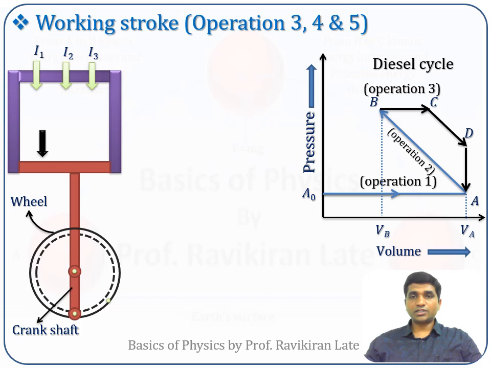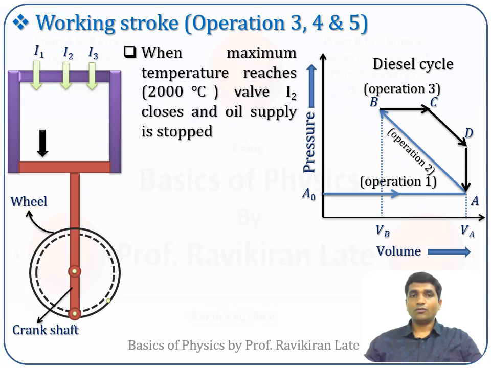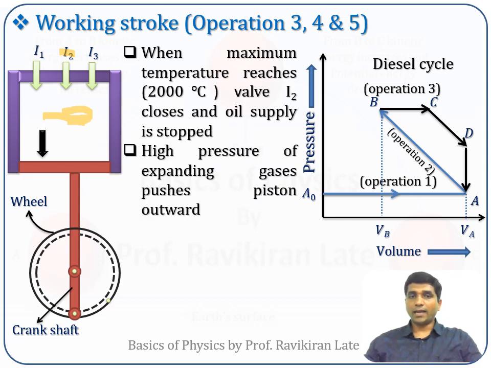Now in the next operation, operation number 4, when the temperature reaches its maximum, around 2000 degrees Celsius, that temperature is acquired by the mixture inside this cylinder. During this process, valve I2 closes and the supply of oil to the cylinder is stopped, and the high pressure of the expanding gases moves the piston in the vertically downward or outward direction.